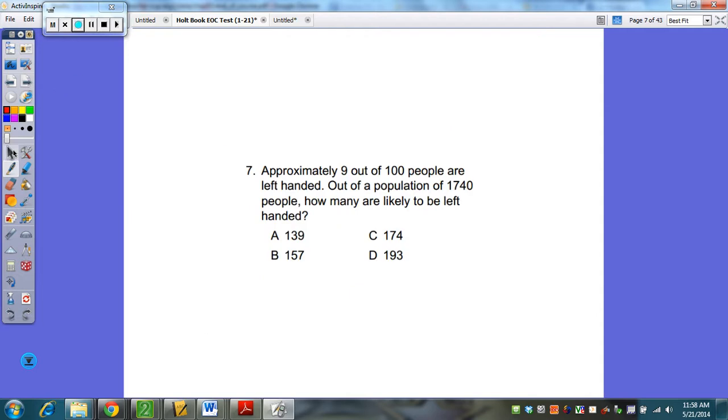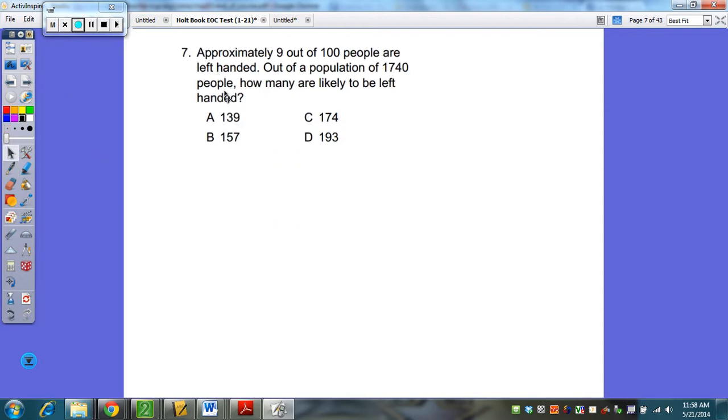Number 7. So it's a proportion. We have 9 out of 100 people are left-handed. So we have the number of left-handed people over the total people. So we're saying that 9 out of the total are left-handed.